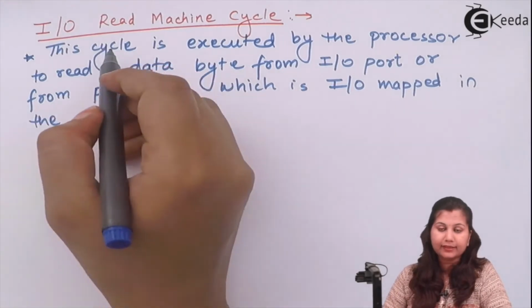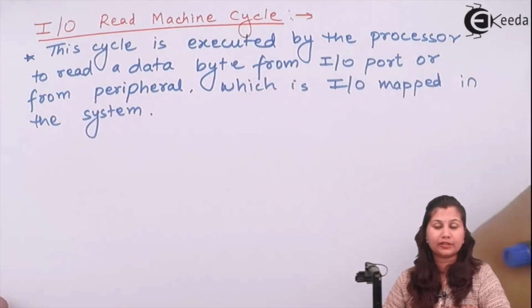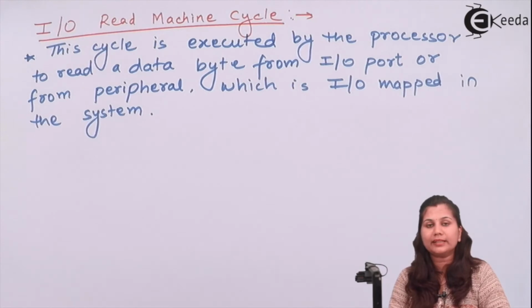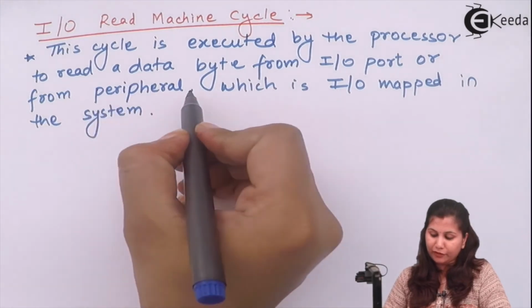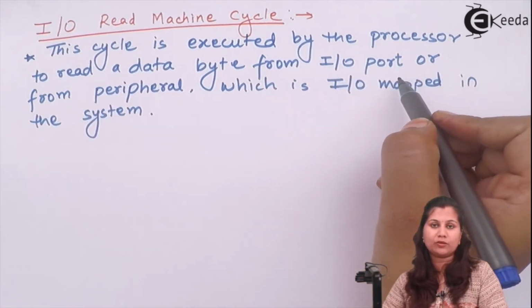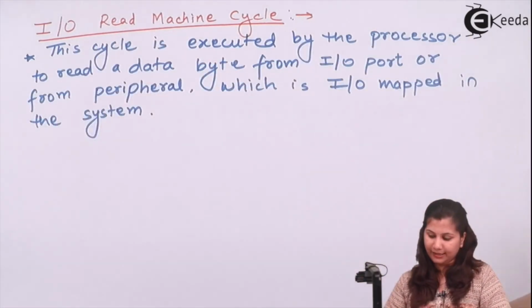This input output read machine cycle is executed by the processor to read a data byte from the input output port or from the peripheral. Peripheral means input output devices which are connected with the 8085. If the microprocessor wants to read a data byte, then this machine cycle is executed.